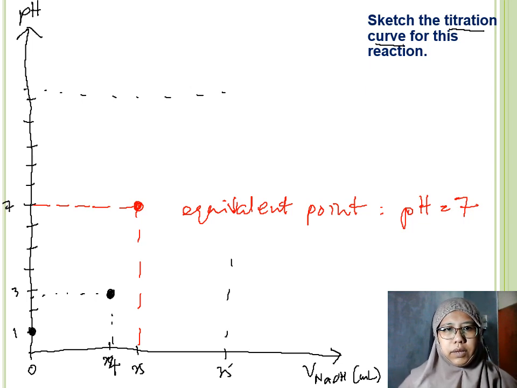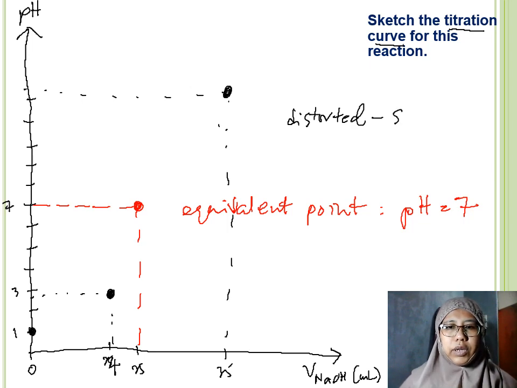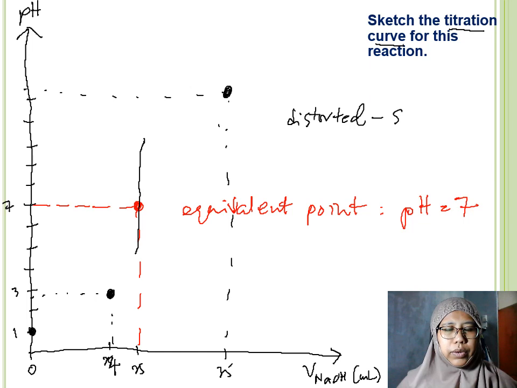Okay, that is 35. Right, how are we going to draw the curve? The curve is a distorted S. So it looks like an S, but it is distorted. So the first thing that you do is the vertical line in the middle here, going across the equivalence point, and then the curve there.